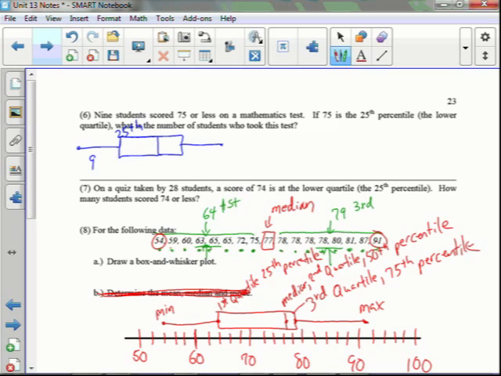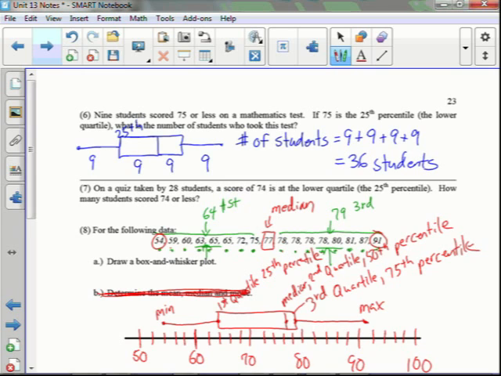Well, if 9 were in that region, 9 had to be in this one, 9 had to be in this one, and 9 had to be in this one. What is the number of students who took the test? Now we just add all of those up. So the number of students is going to be 9 plus 9 plus 9 plus 9, which would be 36 students.